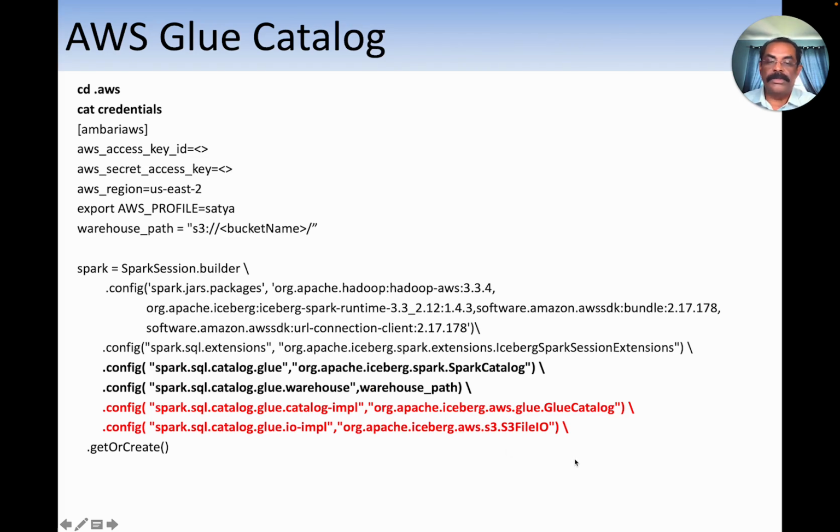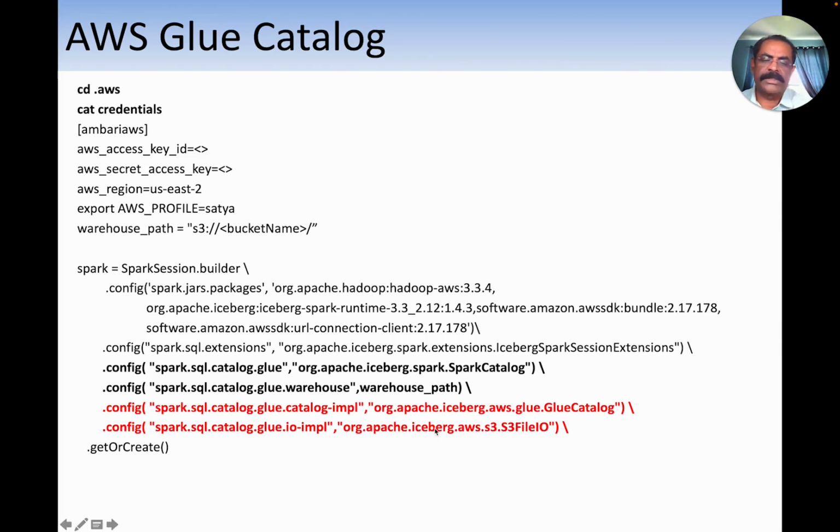Then since you are using Glue, you need to define your catalog implementation library and IO implementation. These are required, right? So this is AWS Iceberg, and this is for the Glue catalog, right? If you are using Delta, for example, then you have this Delta catalog, right? So this library will know how to write into the Glue database, or Glue catalog.